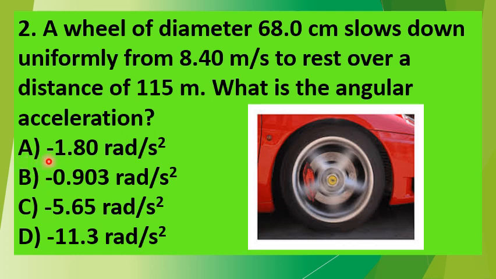Option A, negative 1.80 radian per second squared. Option B, negative 0.903 radian per second squared. Option C, negative 5.65 radian per second squared. Or option D, negative 11.3 radian per second squared.